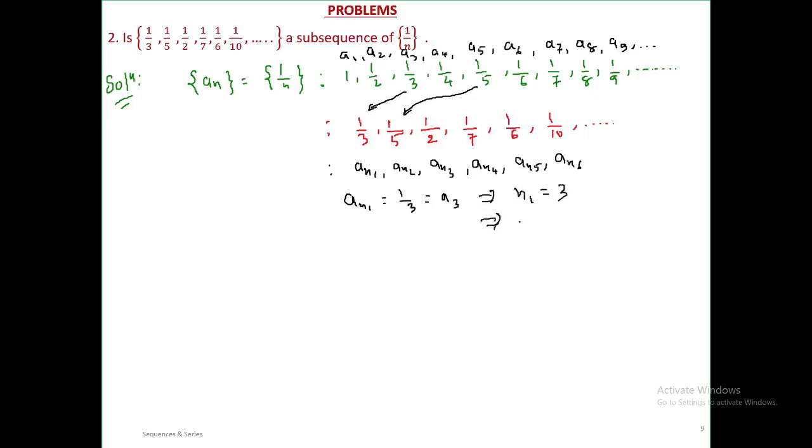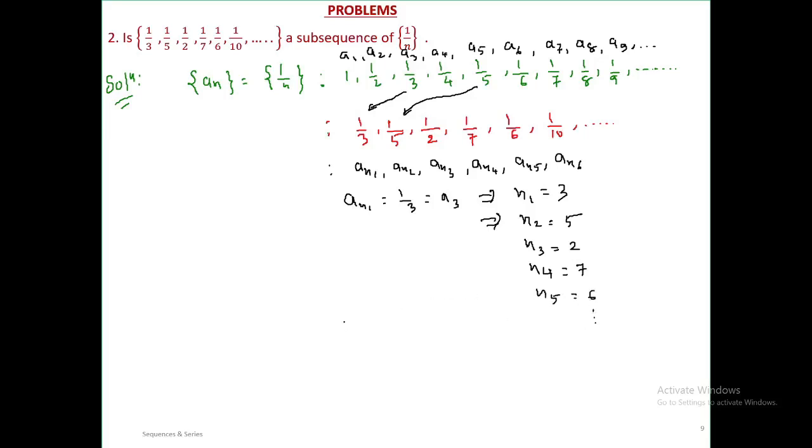So likewise, what is n2? That means an2 will be 1/5 here. 1/5 means it is a5. So therefore, n2 will be 5. Next, what is n3? 1/2 is nothing but a2. So therefore, it is 2. What is n4? an4 is 1/7. 1/7 is nothing but a7. So it is 7. Next, an5 is 1/6. So therefore, n5 is 6. So, and so on.